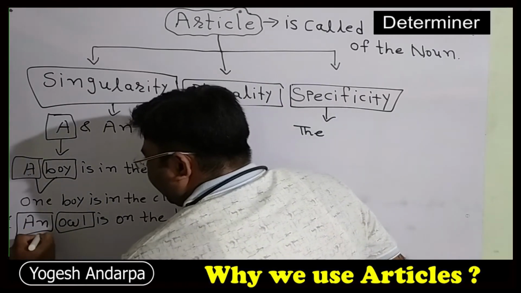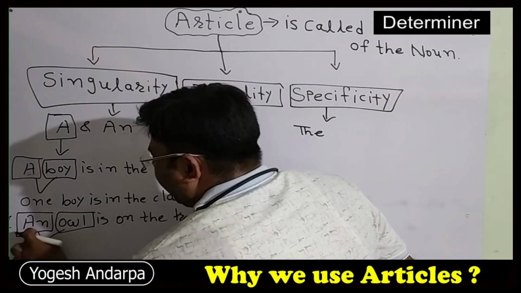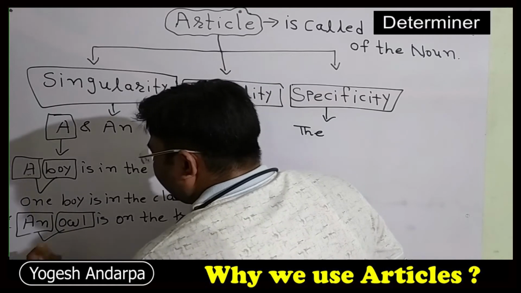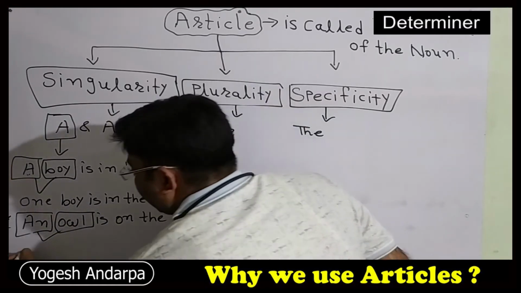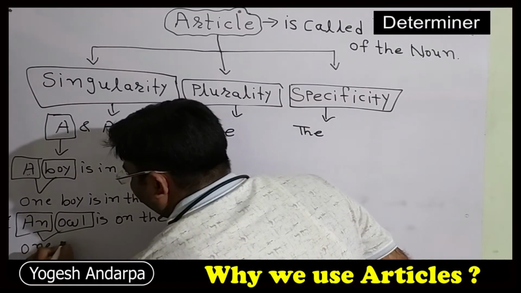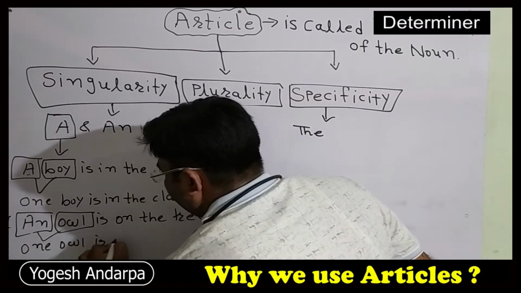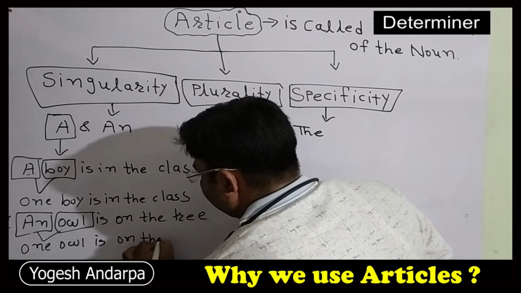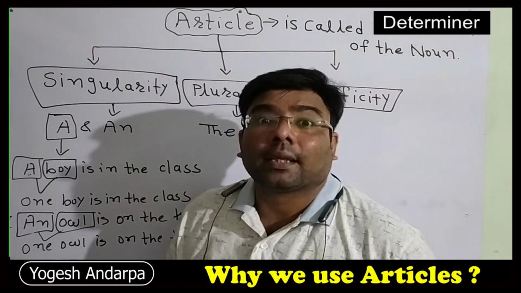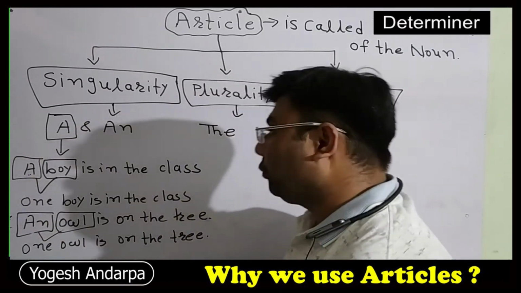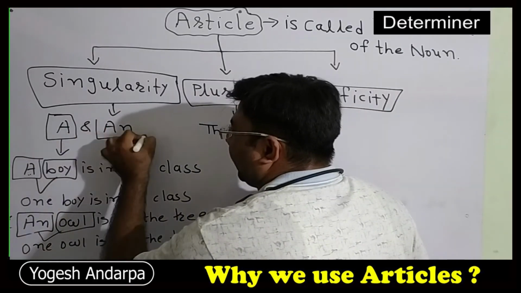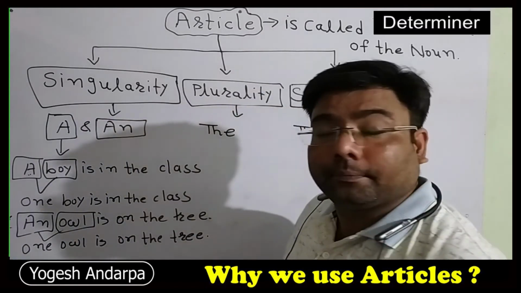So here, in this case, article an shows that the noun which is owl is singular. Means one owl is on the tree. So, if you want to talk about a singular noun, you can use article A and An.